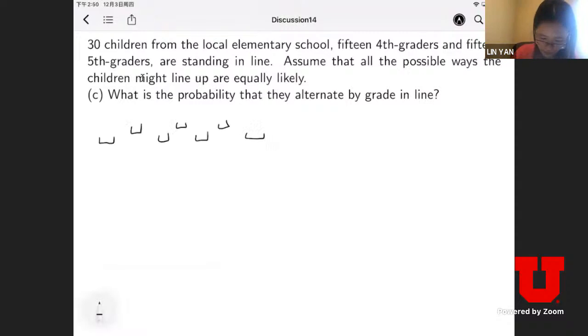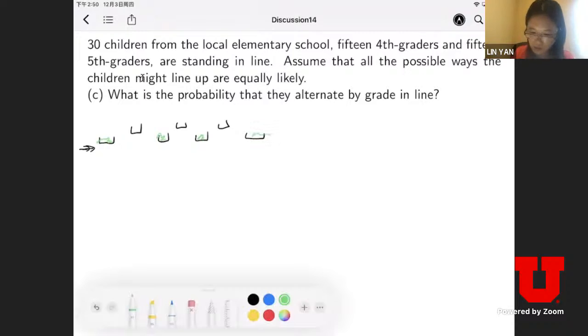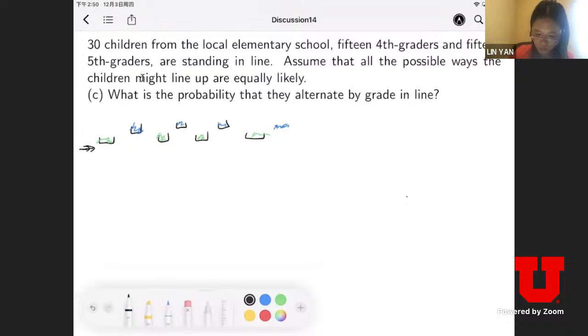Suppose this is the first child, then we need the children in green to be the same grade, and the children in blue to be in the same grade.